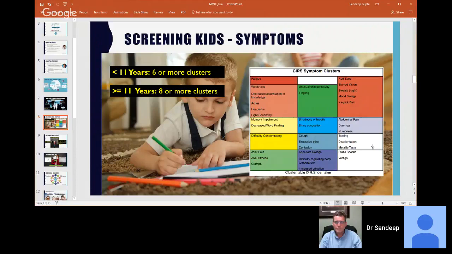Great. And so, for instance, just to put this in layman's language, if you were to ask your child about difficulty concentrating, what's the language you might use in, let's say, a 4 or 5-year-old, in trying to ask them if they have difficulty concentrating? Would you mind giving us an example?